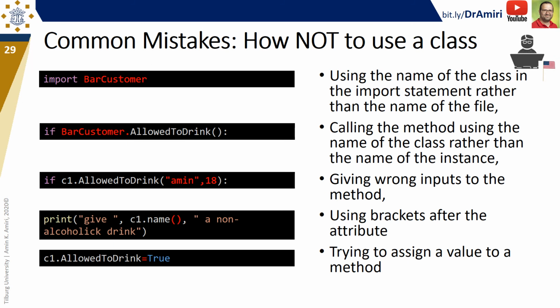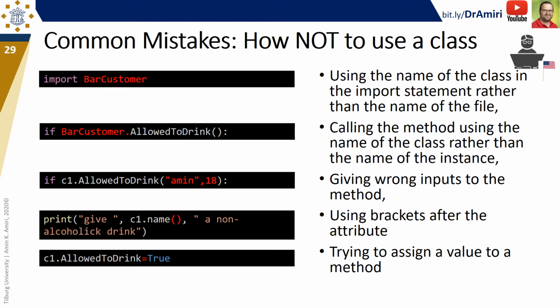What are the common mistakes? How not to use a class? I have seen that students use the name of the class in the import phrase. Whenever you have import and you don't have from, after import you need to provide the name of the file, not the name of the class. Or they call the instance method using the name of the class rather than the name of the instance of the class, C1, C2, C3.